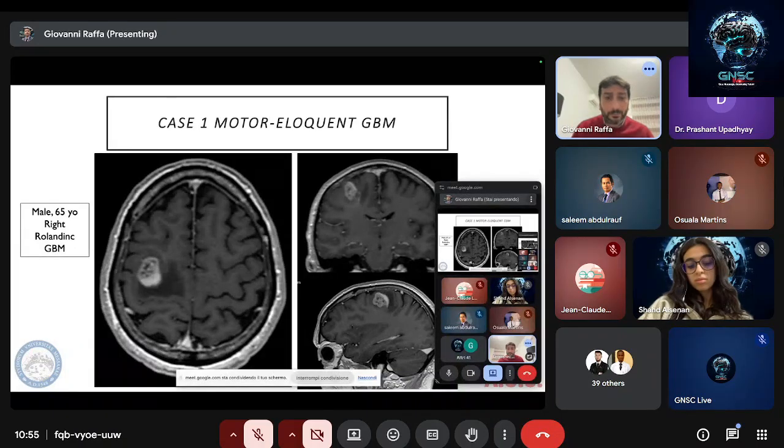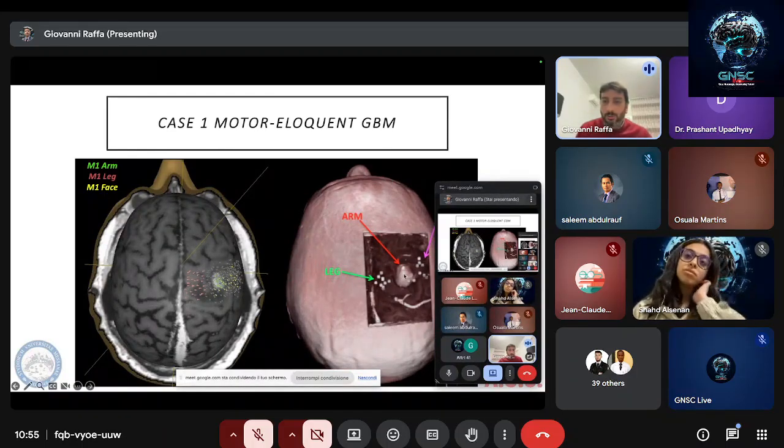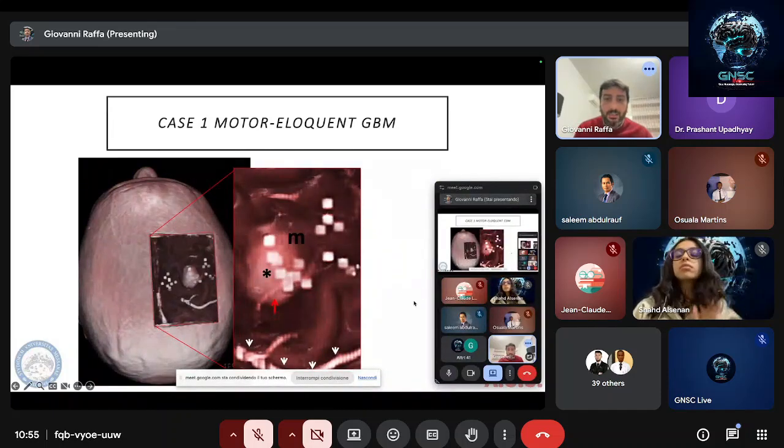Another case, take a look here. I showed you before. This was the case of the lesion that was infiltrating the motor cortex. This is the preoperative reconstruction, on the right, of the relationship between the lesion, the motor cortex, and the vascular structures. This is what we have seen before entering the OR.